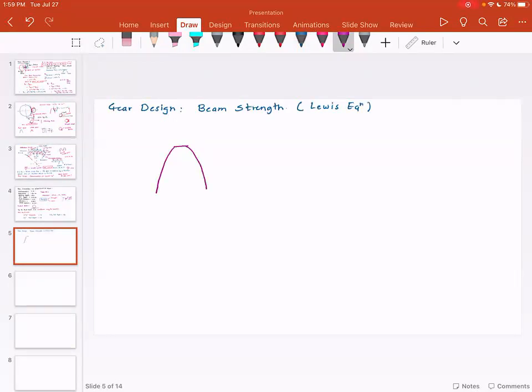If you look at the gear, we are going to look at one single gear tooth. This gear tooth, and if I were to extend this, you are going to have a force, and this force is going to be tangential to the gear.